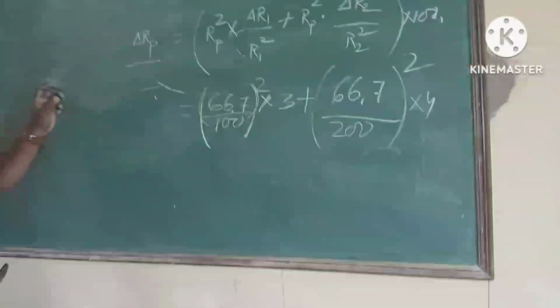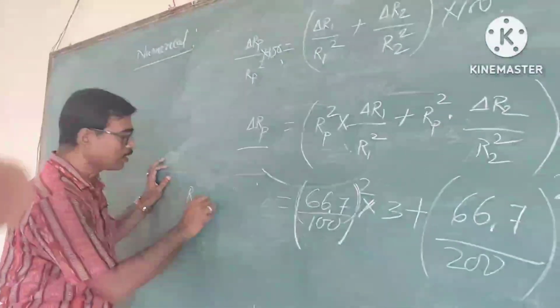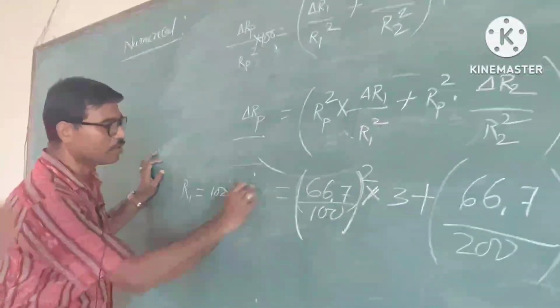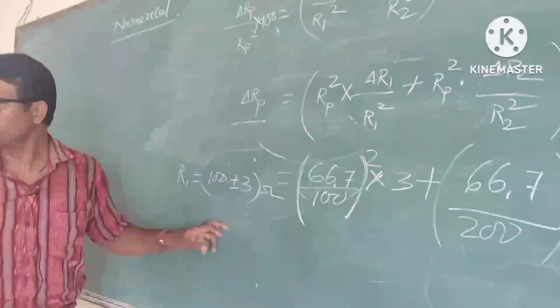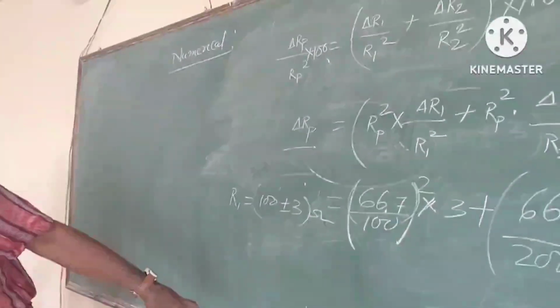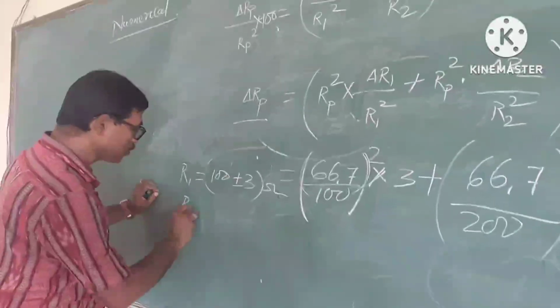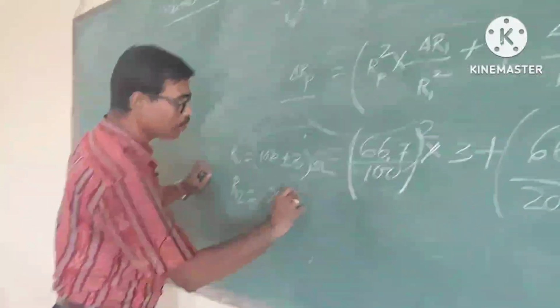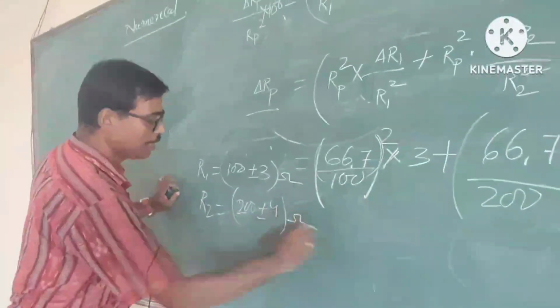First understand, the values given: R1 is 100 plus minus 3 ohm, then R2 is 200 plus minus 4 ohm, it is the error.